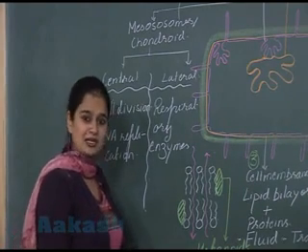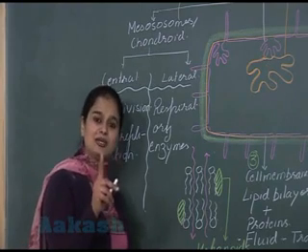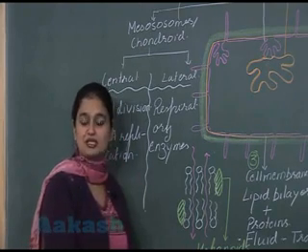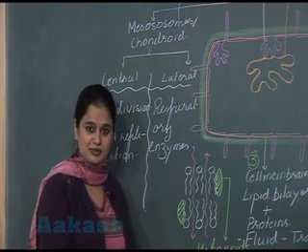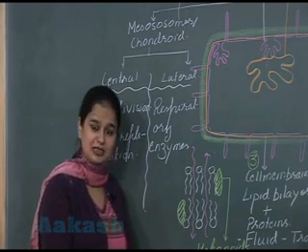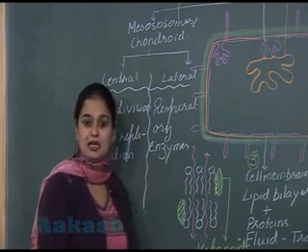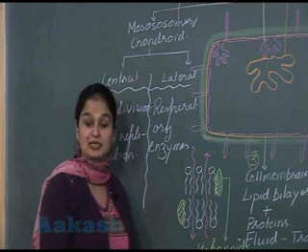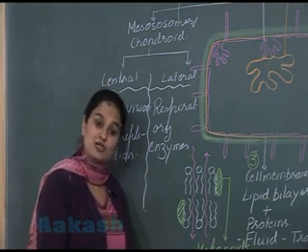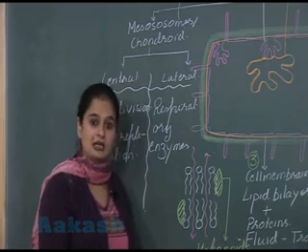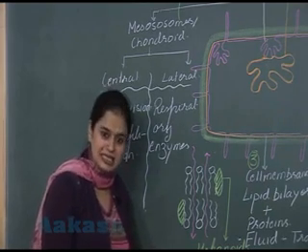In the previous classes, in the 10th standard, you have studied that respiration, aerobic respiration, is mainly divided into 3 steps. Glycolysis, Krebs cycle, and ETS, that is electron transport system. So what are the 3 steps? Glycolysis, Krebs cycle, and ETS.